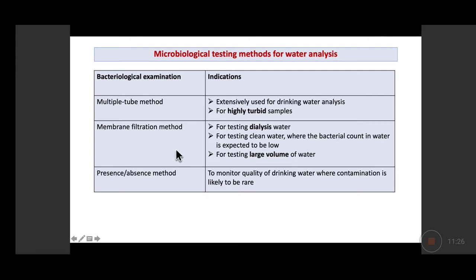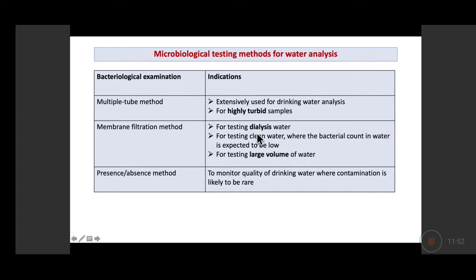Then the second method is the membrane filtration method, which can be used in hospital settings when we want to test dialysis water. You must know what dialysis is. In hospitals there are dialysis units with a dialysis treatment plant in which water is used for this purpose.